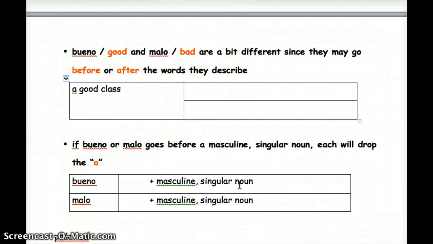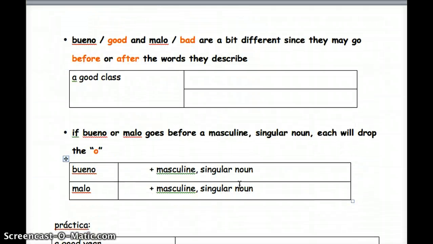The words bueno and malo, good and bad, are a bit different. Bueno and malo, the speaker can decide, the writer can decide if they want the word to go before or after the word they describe. The rule that the descriptive adjective comes after the word it describes doesn't exactly apply to bueno and malo.